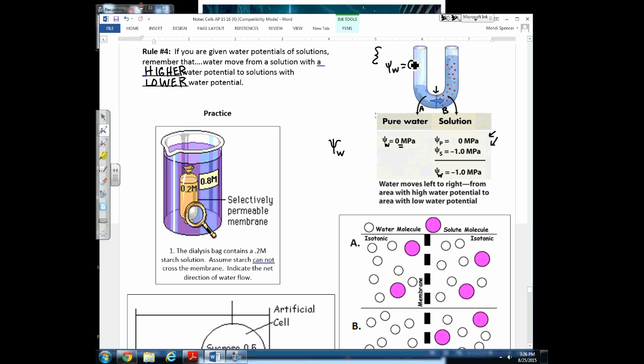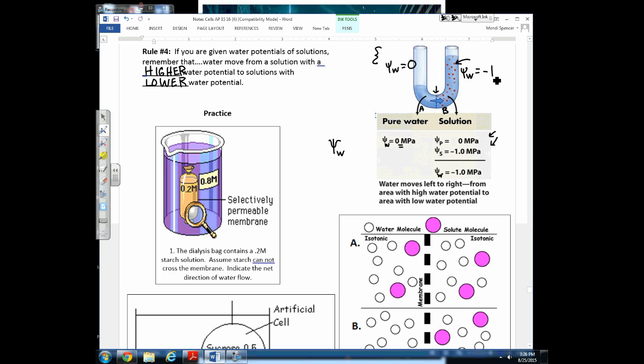And on side A, we just have pure water, and something to have memorized eventually is that the water potential of pure water that contains no solutes is always going to be at 0. And on side B, obviously we have solutes because you can see them drawn in here. And it's been determined that the water potential for this side is -1.